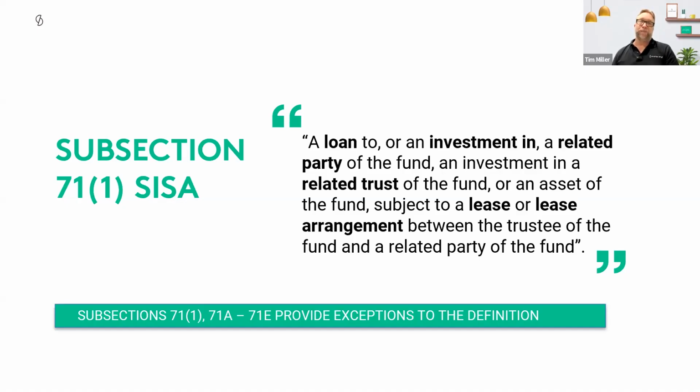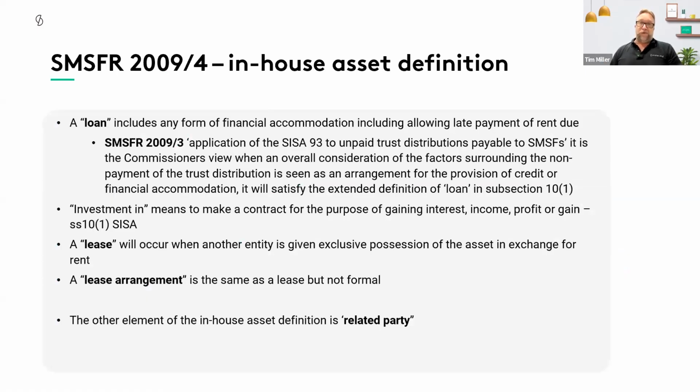So we need to have an understanding of some of the terms within this definition, and how that applies not only to the in-house asset rules, but to other investment restrictions as well. And so, as I said, the tax office have provided us historically with some good guidance in regards to some of this area. And the first thing that we reference there is a loan.